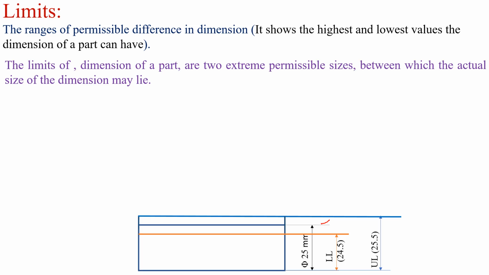Let's say the maximum limit is 25.5 mm and the minimum limit is 24.5 mm. So here 25.5 and 24.5 are the two extreme permissible sizes, and the actual size of the dimension, that is 25 mm, lies between these two limits.